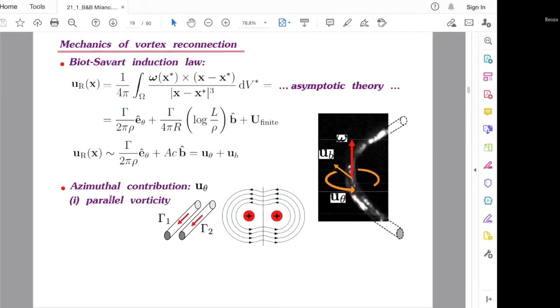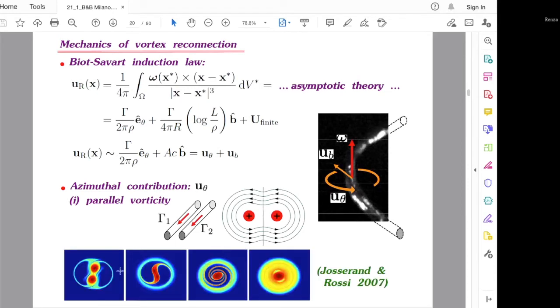If the vortices are along a parallel direction oriented the same way, then circulation is oriented in the same direction, and we have a circulatory flow around the two vortex filaments, like shown in this diagram.